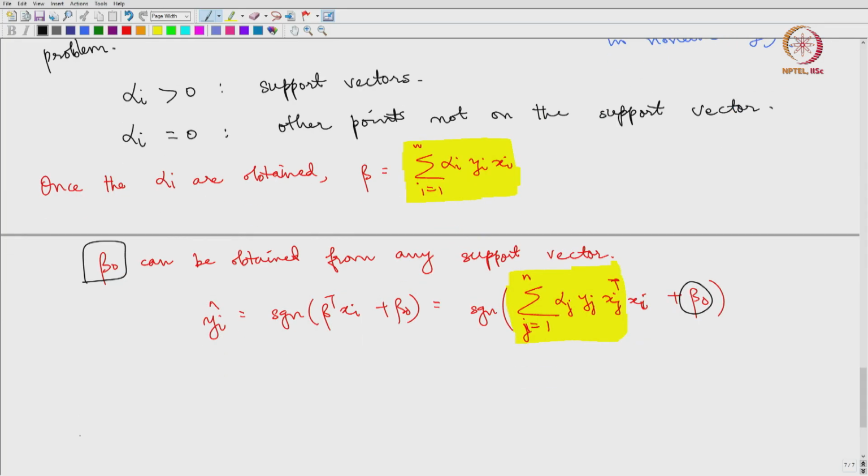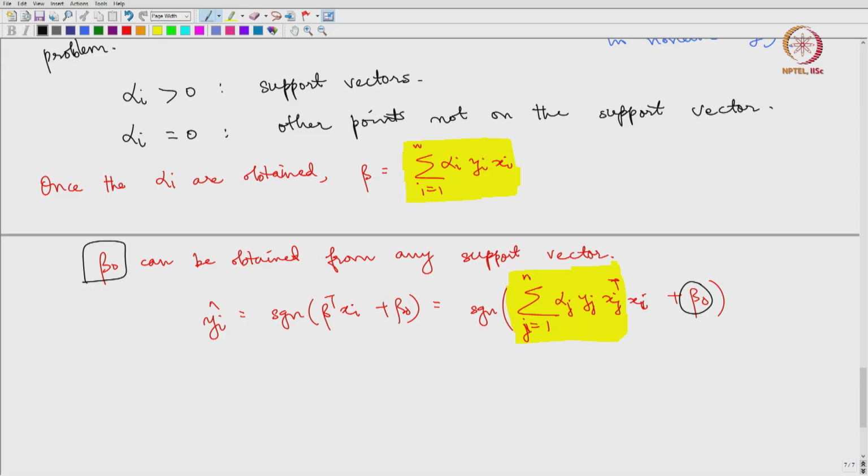Okay. So, this completes the dual problem formulation of the support vector machine. It is a bit mathematical, but I hope that this lets you understand how the support vector classifier is really implemented on a computer.